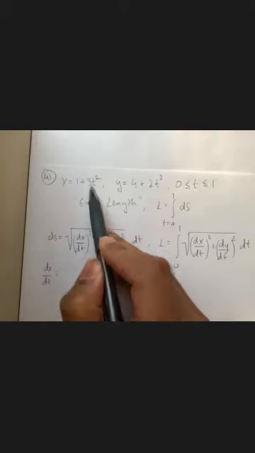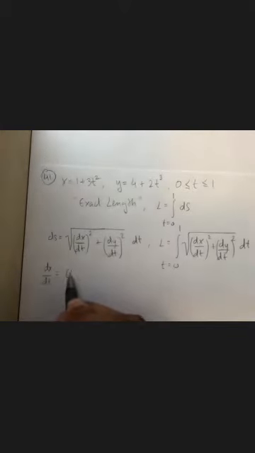So dx over dt is 6t, and dy over dt is 6t squared.